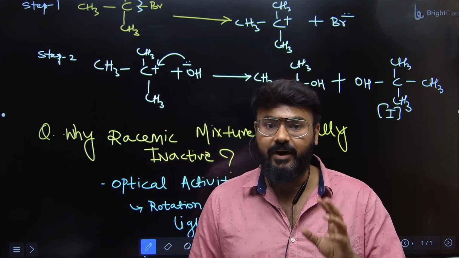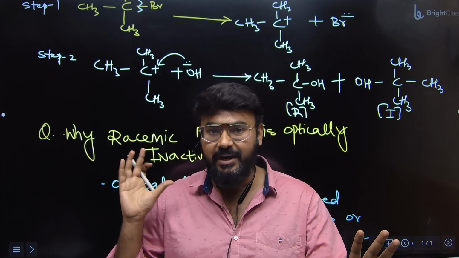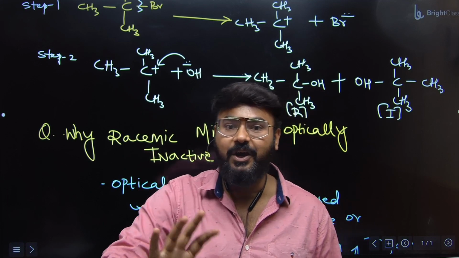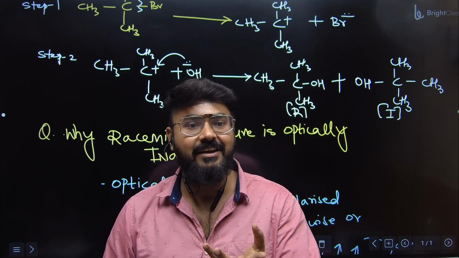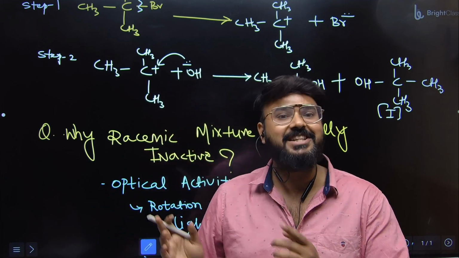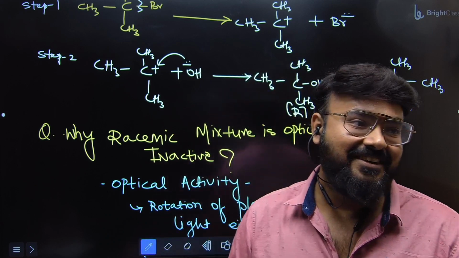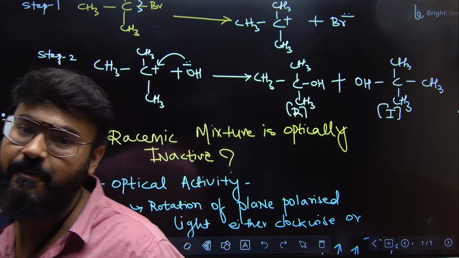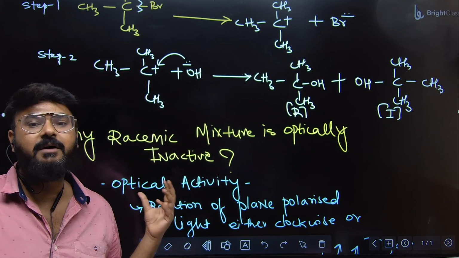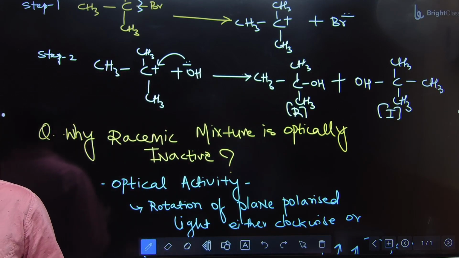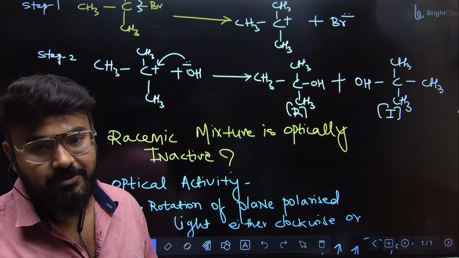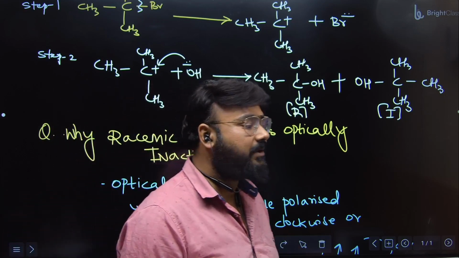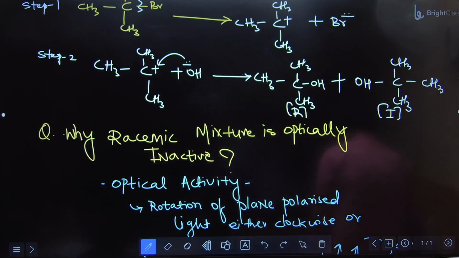So if one is trying to make it clockwise, the other will try to make it anticlockwise. So overall, no rotation. That is the answer. Is it clear? So guys, write it down. A racemic mixture is a mixture of retention and inversion compounds in equal amounts. So they both will have equal and opposite rotation, and hence the overall net rotation is zero. That is why it is optically inactive. I hope it is clear.